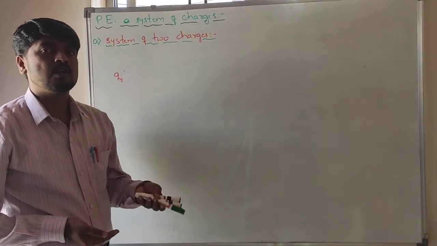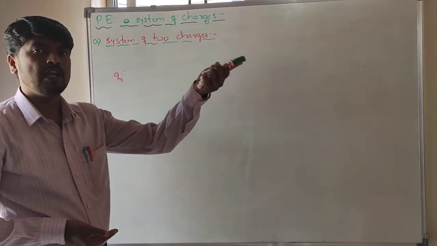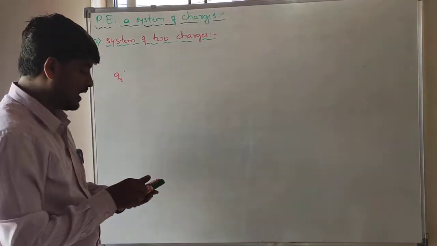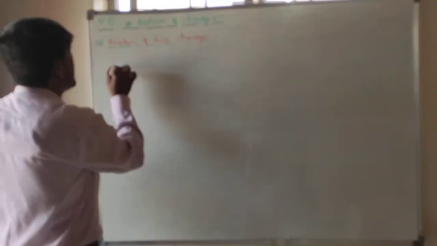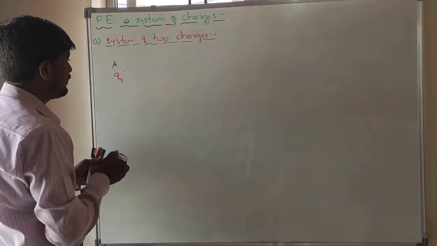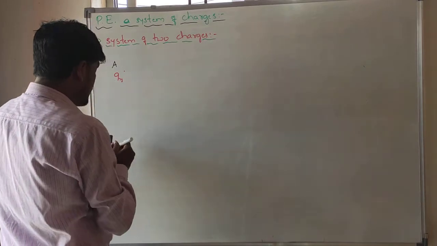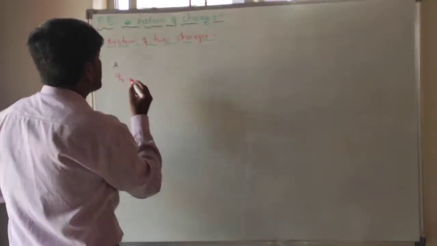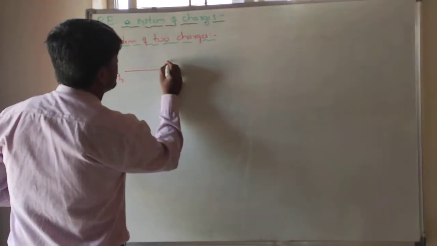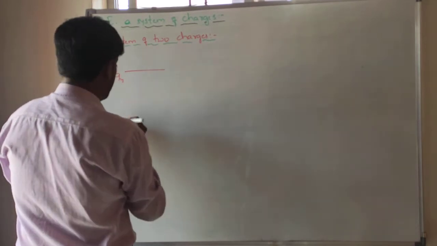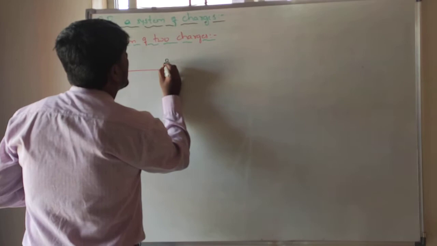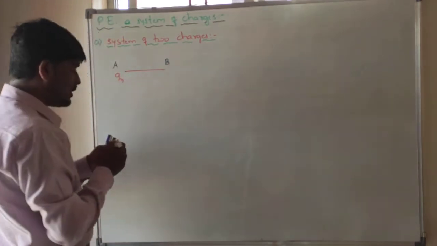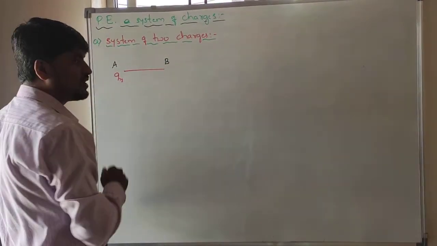It is the total work done in bringing a unit positive charge from infinity to the point against the electric field. For now, I keep this charge Q1 at the point A. Now I will consider another point, say B, at a distance of R. So this is point B.